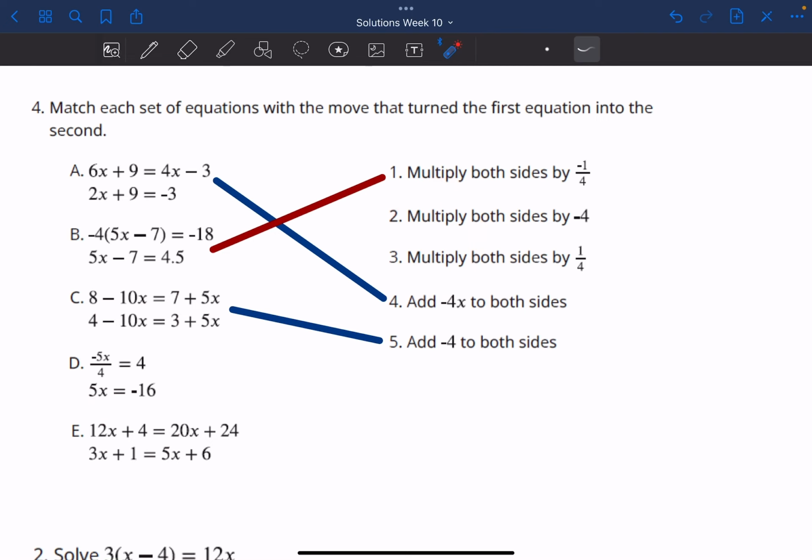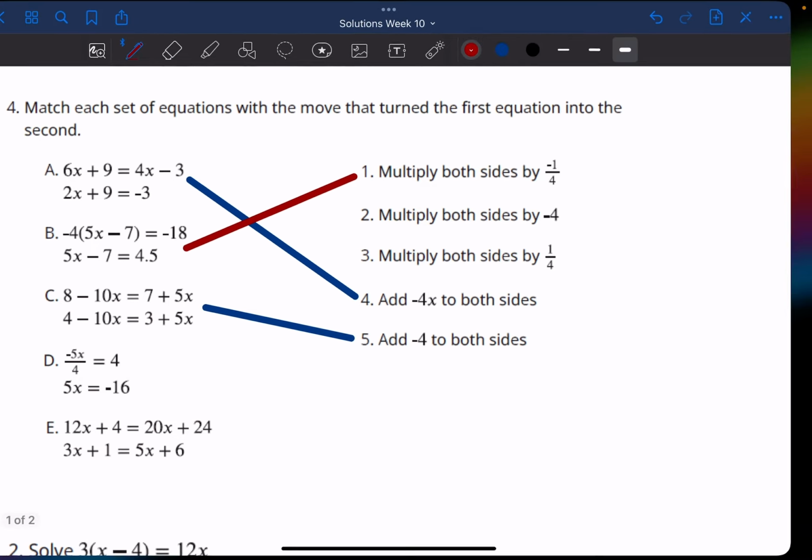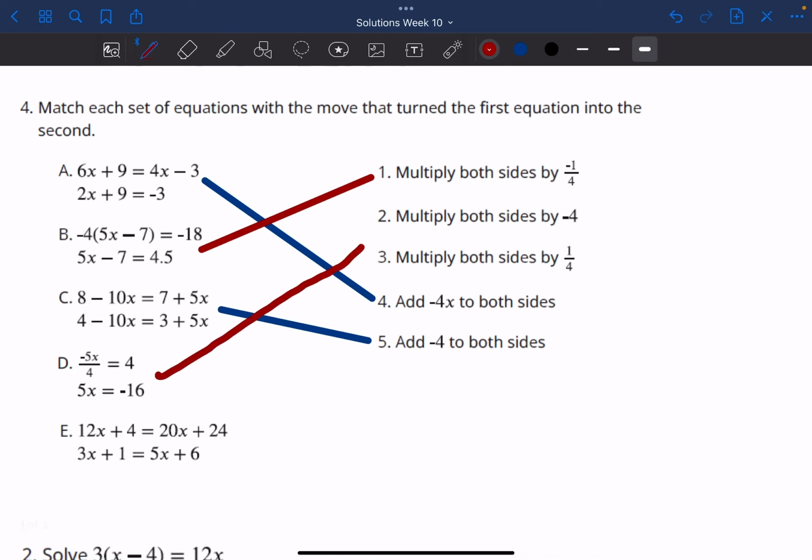We're either going to multiply by negative 4 or positive 1/4, and we are going to choose negative 4 in this instance because the negative would change it from positive to negative, and multiplying by a whole number is going to get rid of the denominator on the first equation on the left-hand side.